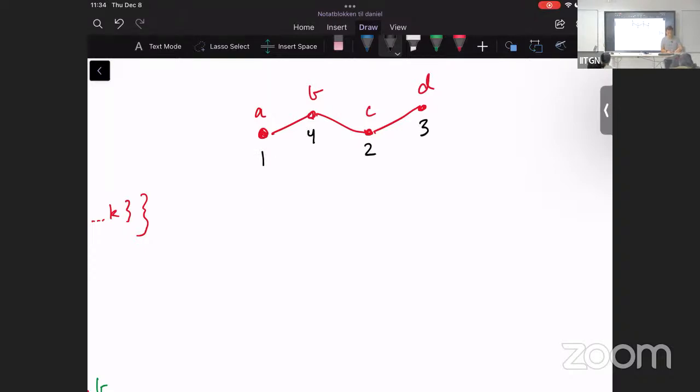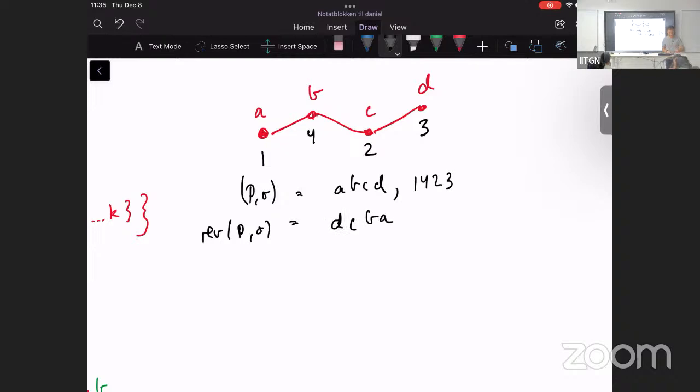Then what is P sigma? It is A, B, C, D coupled with the permutation 1, 4, 2, 3. What is the reverse of P sigma? It is D, C, B, A coupled with the permutation 3, 2, 4, 1.